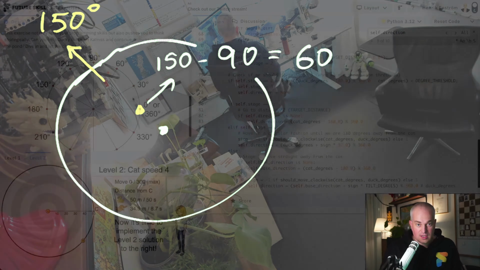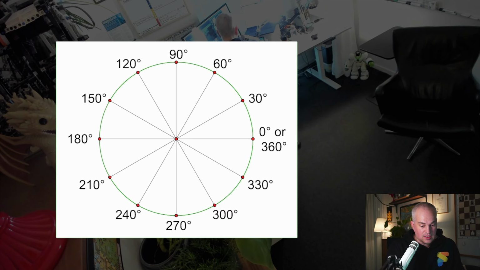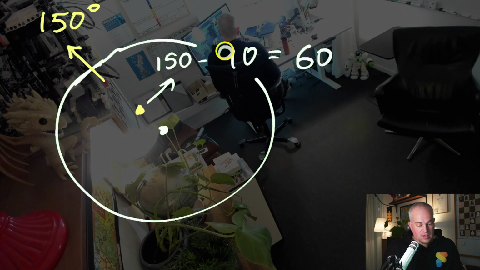And if we look back on this one, 60 degrees is something like that, going in that direction there. So that is 90 degrees difference from 150, if that's where we are right now. So that's why we do -90 and get the direction which is perpendicular to our direction from the midpoint. This means we will always move in a circle.